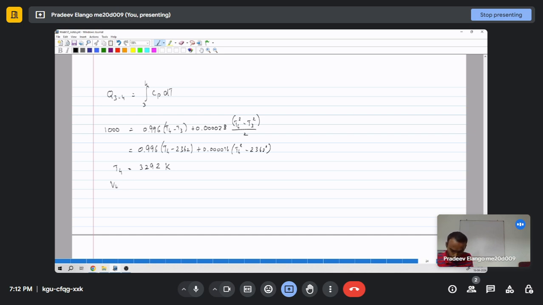Now V4 is equal to V3 into T4 by T3, that is 3292 divided by 2360.